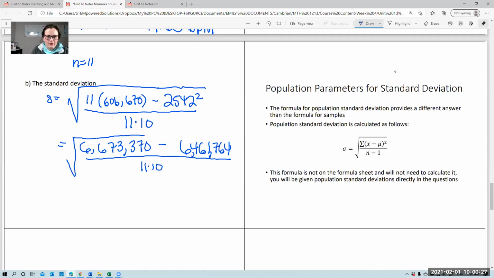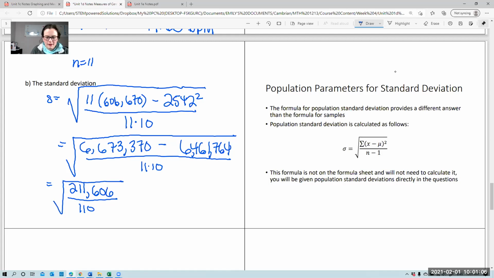Okay, so we have a really giant formula right here, but we're about to simplify it. 6,673,370 subtract 6,461,764 equals 211,606, divided by 11 times 10, which is 110.